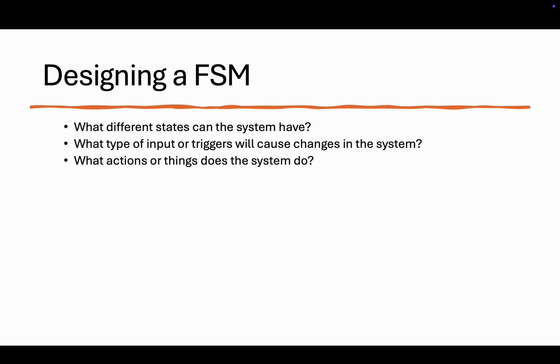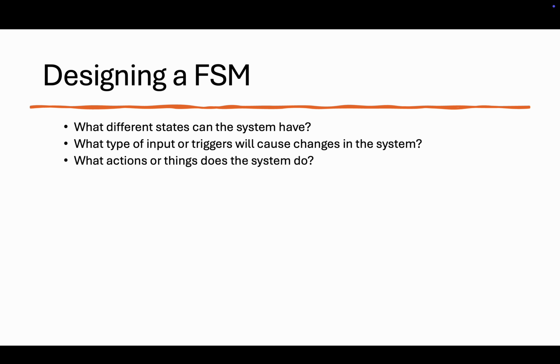Okay, finally, tips for designing a finite state machine or describing a system with this methodology. First, you want to look at what are the different states that the system can have and list them. You might go back and change that and tweak that abstract thinking, but describe in what states can this thing do or be, what type of input or triggers will cause changes in the system, how will it go from one state to another state.